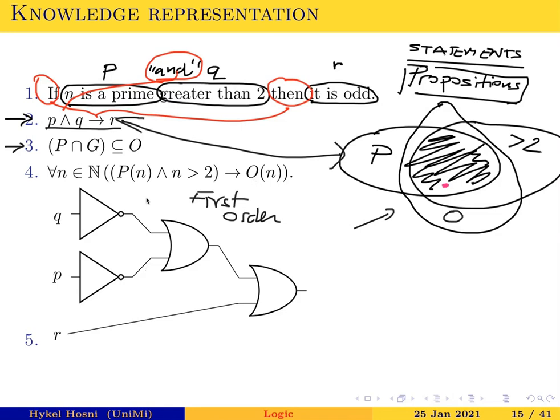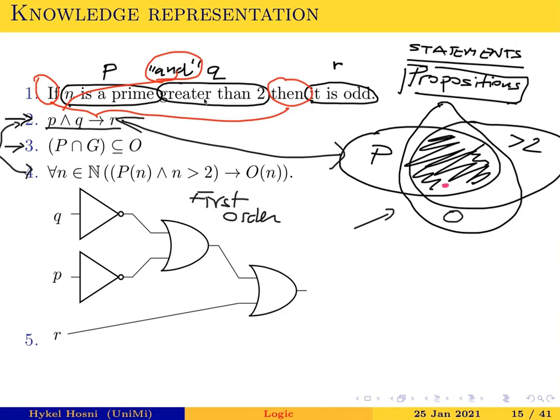Okay? There is a very, very big difference between 4 and 2. And the difference is the following. When you translate this sentence 1 into 2, you lose essential information. The information that you lose is the fact that all along you are talking about the same number. You're talking about the same object.